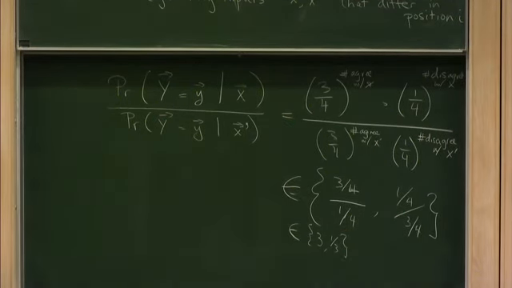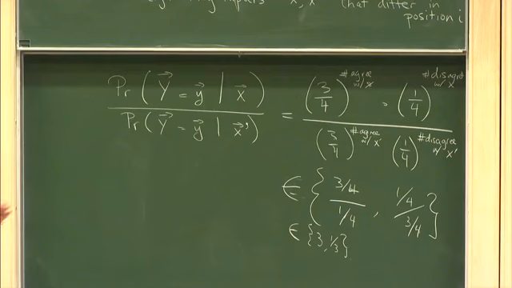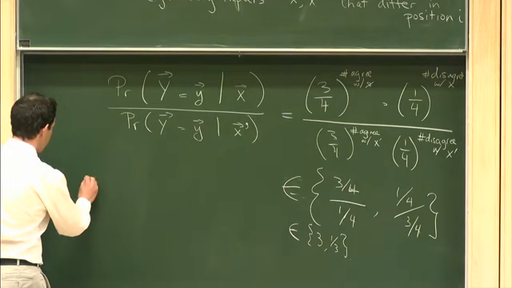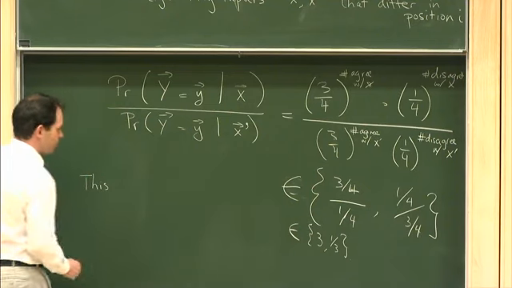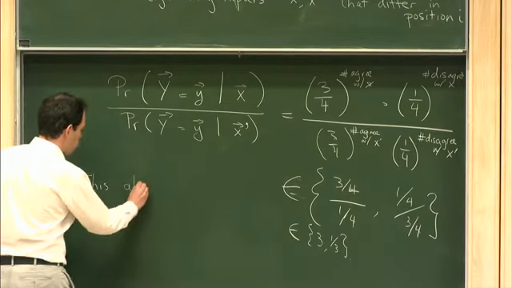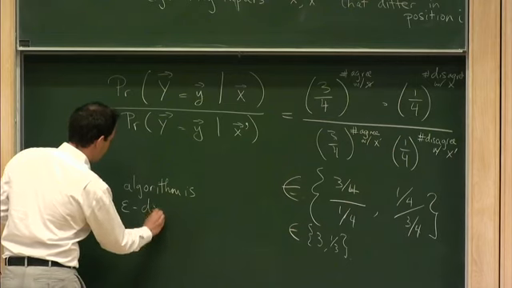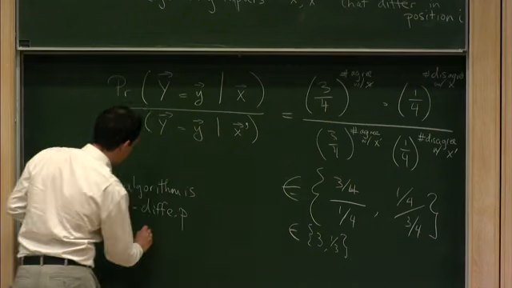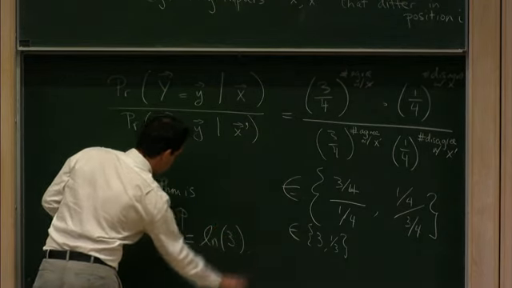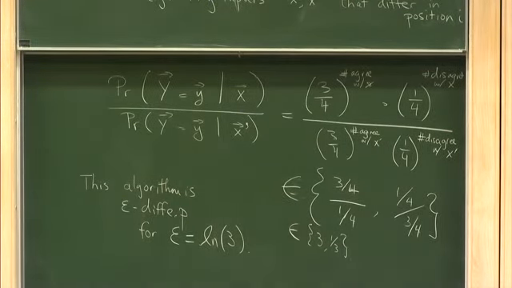And so what this calculation shows is that this particular protocol, this particular way of processing the input, is epsilon differentially private, for epsilon the natural log of 3, which is about 1.1.